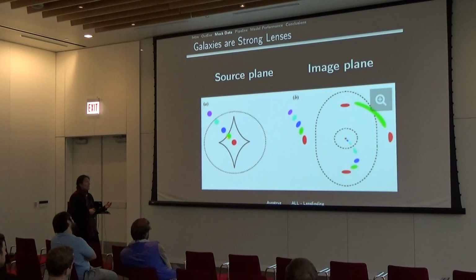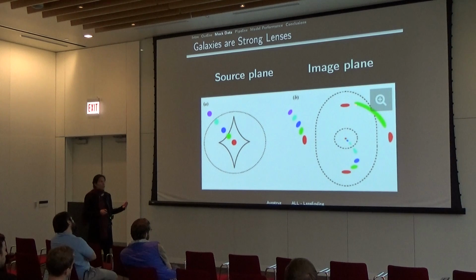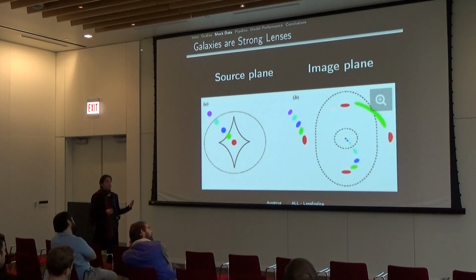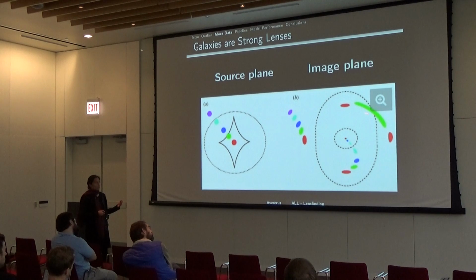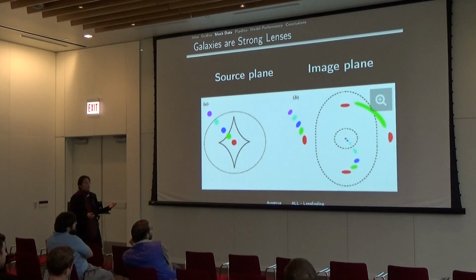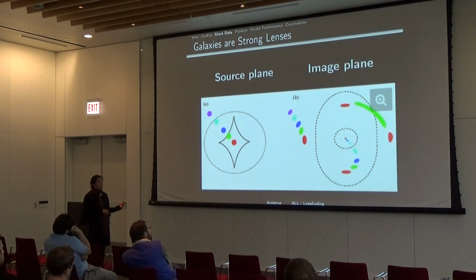And depending on where that's sitting with respect to the caustic, you might end up with a strongly magnified feature like an arc, maybe a multiply lensed quasar, or something in between like an Einstein ring and an arc. So basically, the magnification of the image that you see in the image plane will depend on the location of that background image with respect to the foreground image.